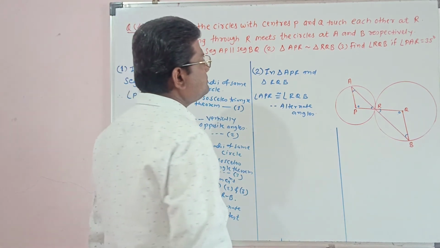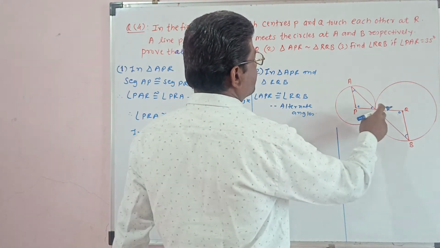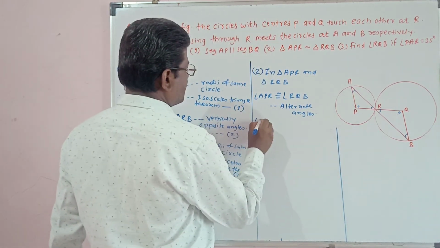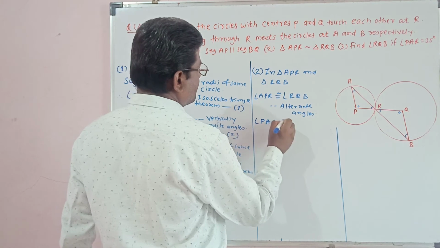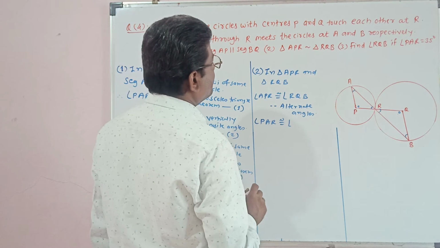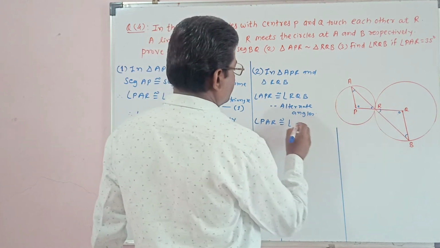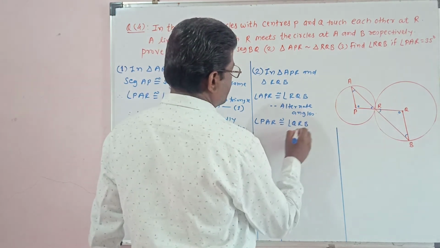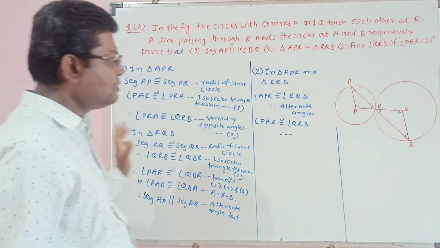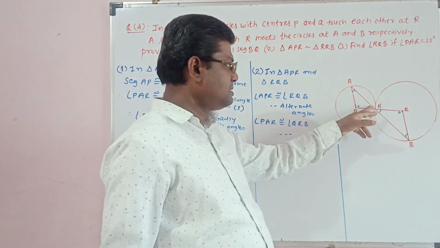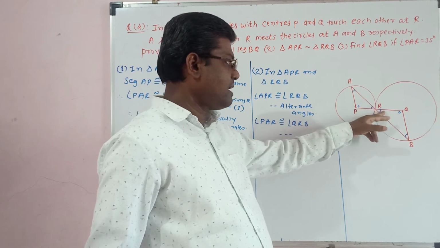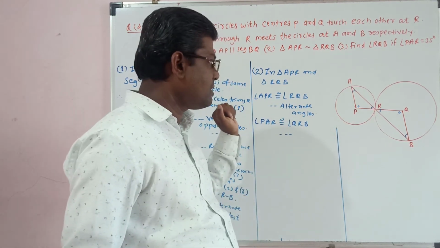Now, this angle and this angle are congruent. So angle PAR is congruent to angle QRB. Reason is from equations 1 and 2. In equation 1, these two angles are congruent, and in equation 2, these two vertically opposite angles are congruent.